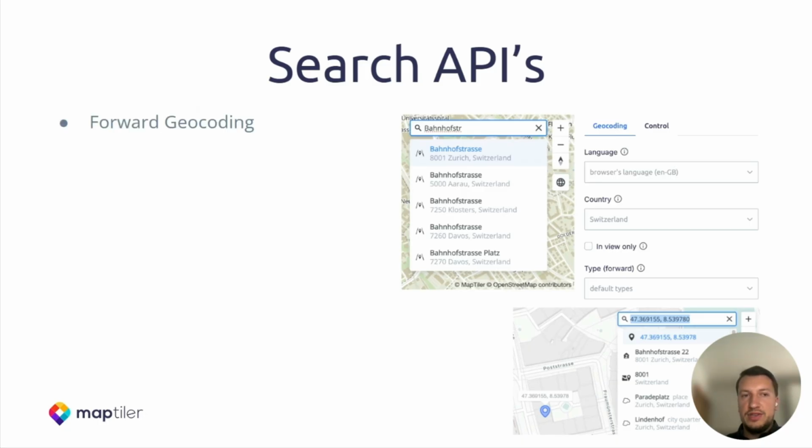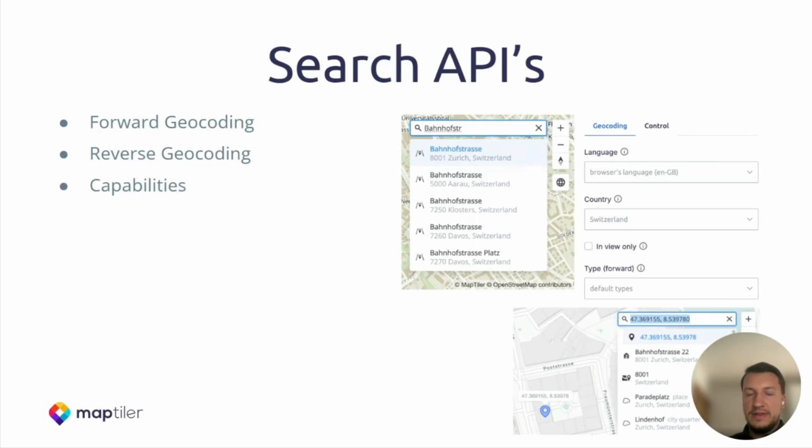The query in the first screenshot is known as forward geocoding, and the query in the second screenshot is known as reverse geocoding. Our search API supports both types of geocoding requests on a single API endpoint.